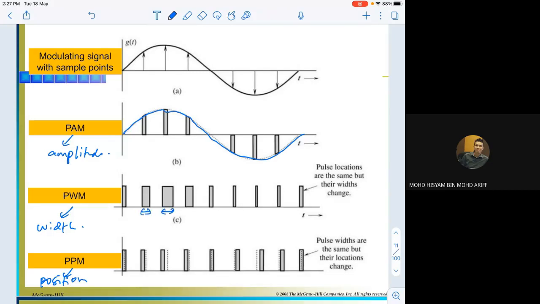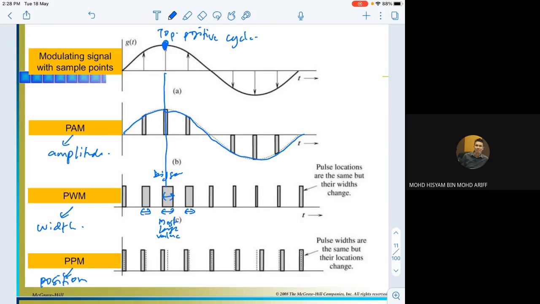You can see at the most top positive cycle, this one becomes bigger. The width increases. This one has the largest value in terms of width.